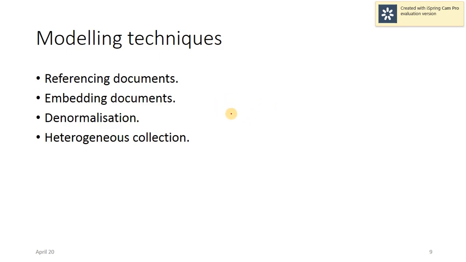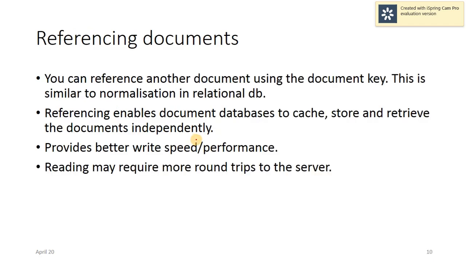So these are the modeling techniques. The most general are referencing documents and also embedding documents. We are also going to learn about denormalization and heterogeneous collections as well. In referencing documents, it is a similar way to joining in the relational model, whereby it refers to entities using a primary key. If you still remember, in the relational model, we have primary keys and also foreign keys.